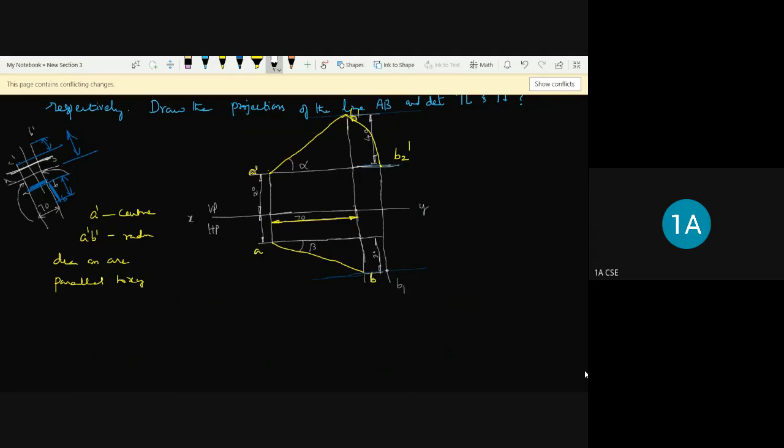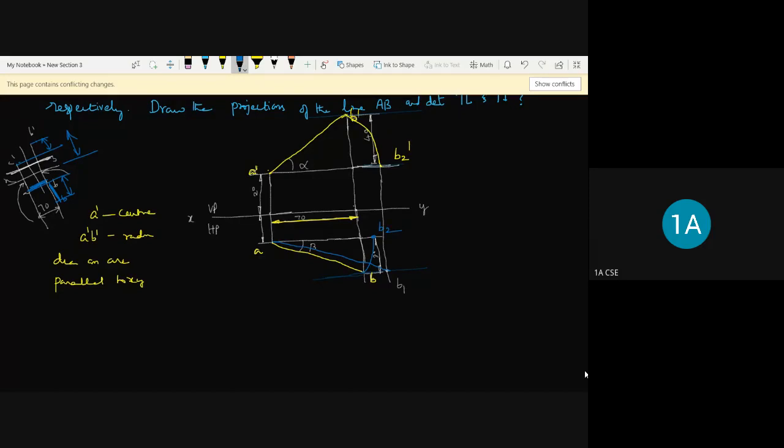What is this line joining AB1? The line joining AB1 represents the true length line. Similarly, I have to get B1 dash. So how do you get B1 dash? From B, AB has to be rotated so that it cuts this point at B2.